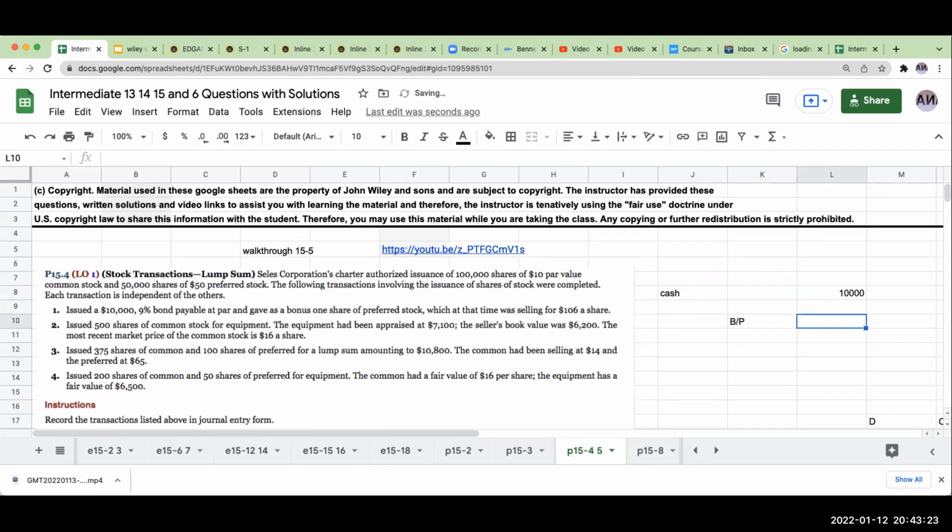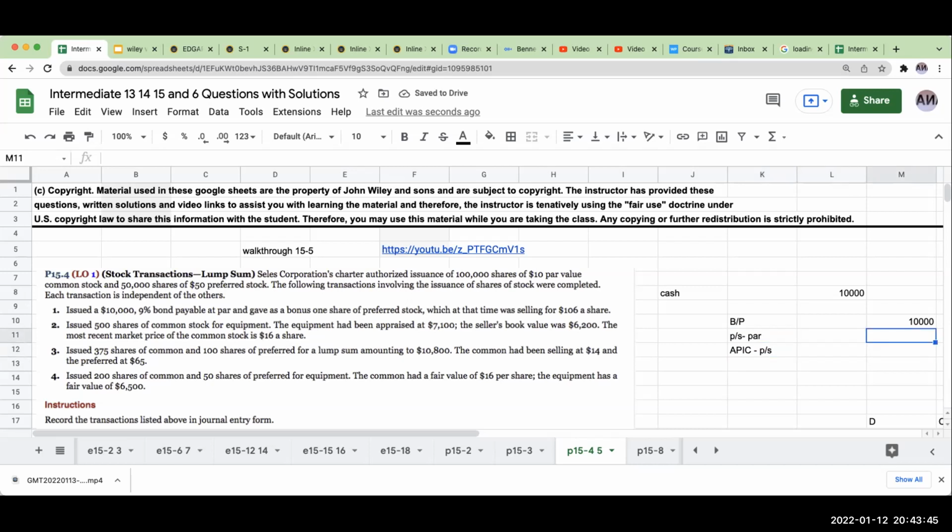We're always going to record the bond payable at the face value. Now, in addition to the bond payable, we're giving 1 share of preferred stock. So we're going to have preferred stock at par value, and then additional paid in capital preferred stock.